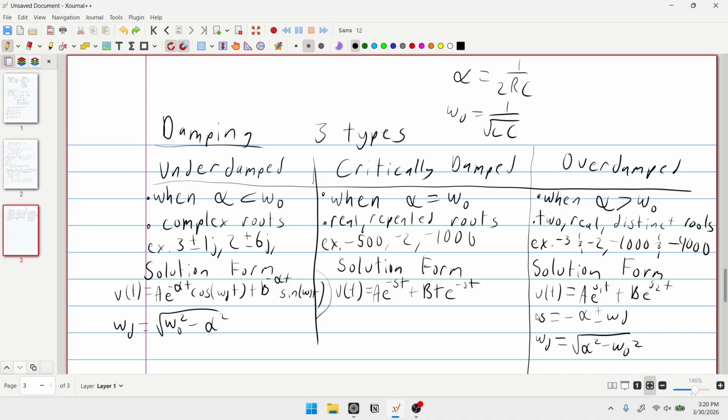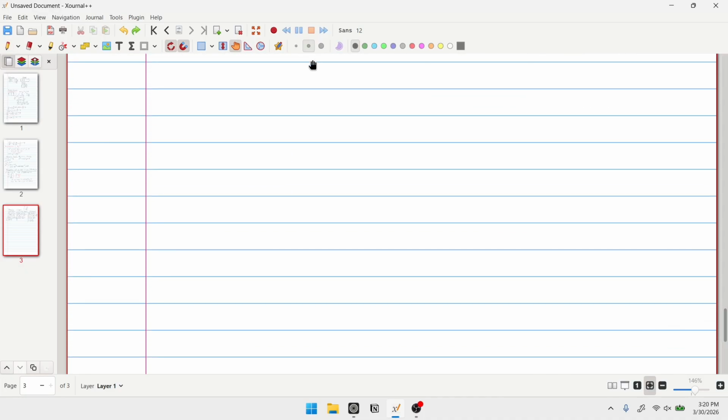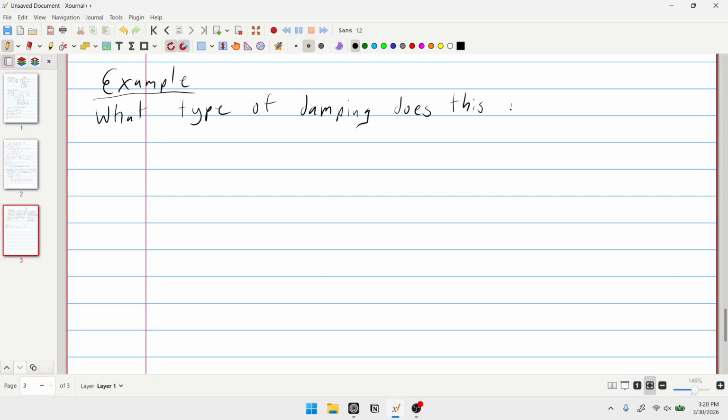Alright, so let's go over an example. So where's the hand tool? Alright, an example. What type of damping does this parallel circuit have?